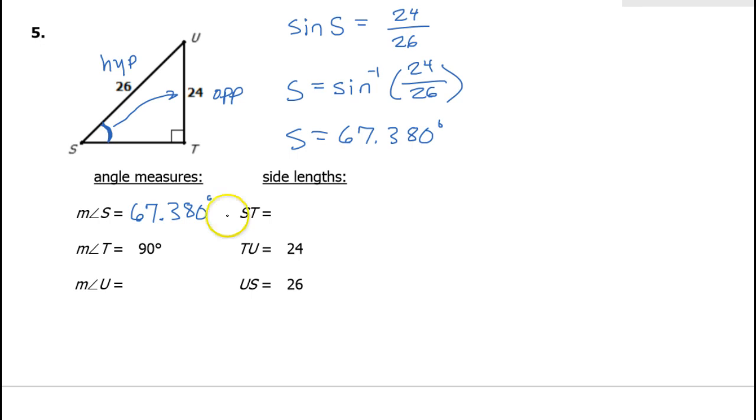Okay, now let's find angle U. I could find angle U by doing adjacent over hypotenuse, the cosine. But if I'm feeling very confident about angle S, I could just subtract from 90.